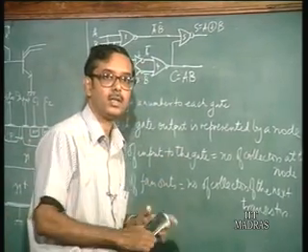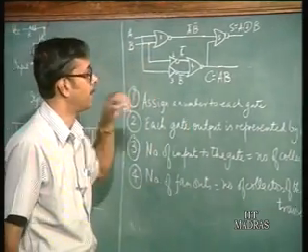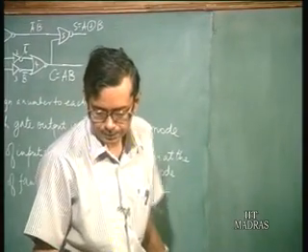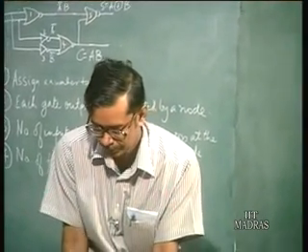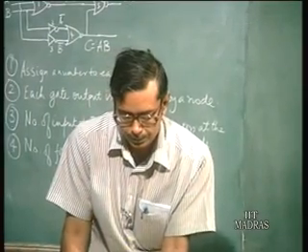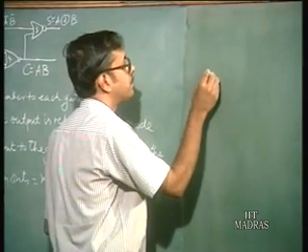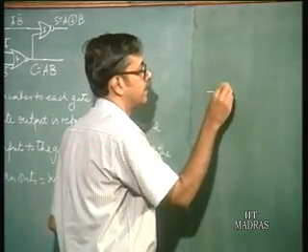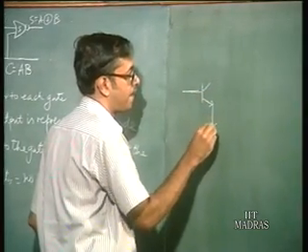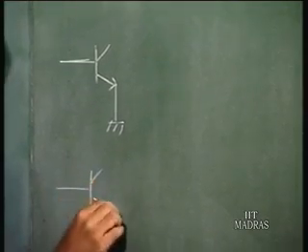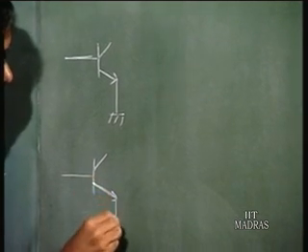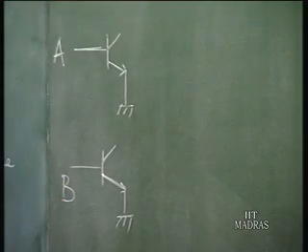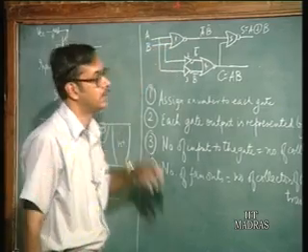Now, let us look at how to realize this circuit. First, we shall see here A and B. A and B are tied together.